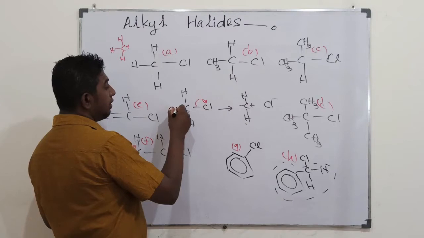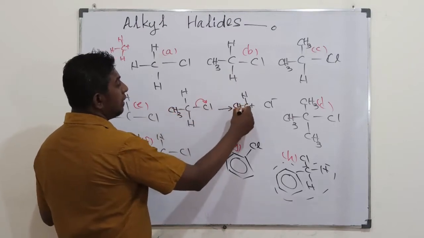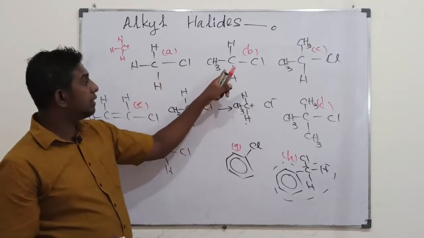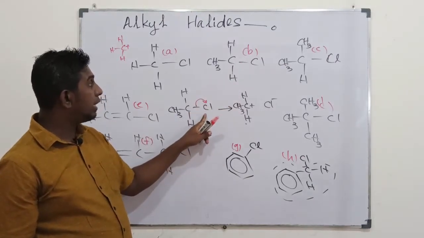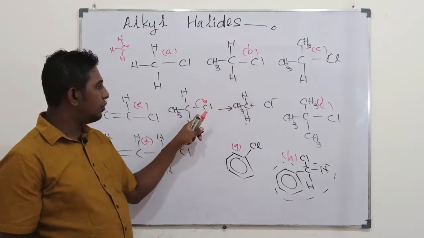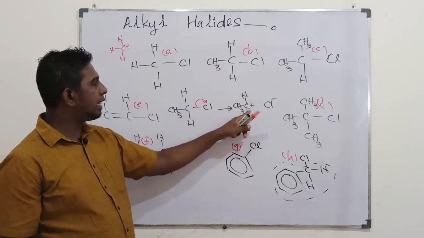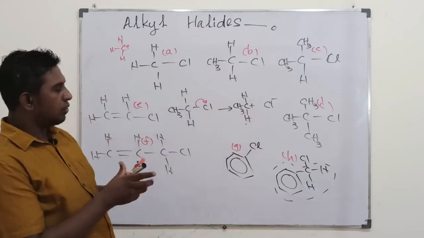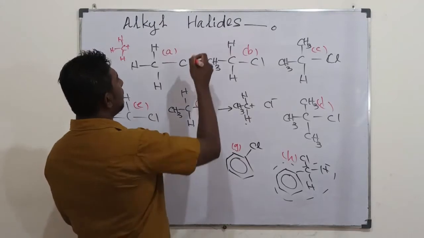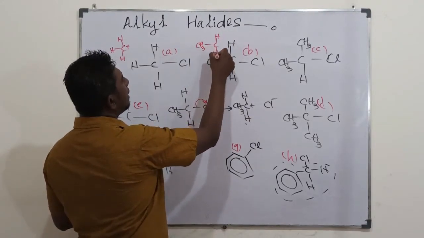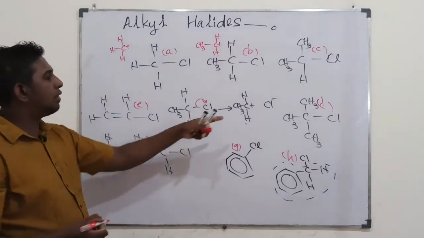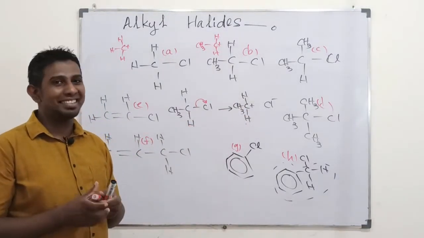Now it is this molecule, B. When the chlorine in B leaves, a carbocation is formed like this. So it is the ethyl carbocation, CH3, CH, H plus, and the chloride ion.